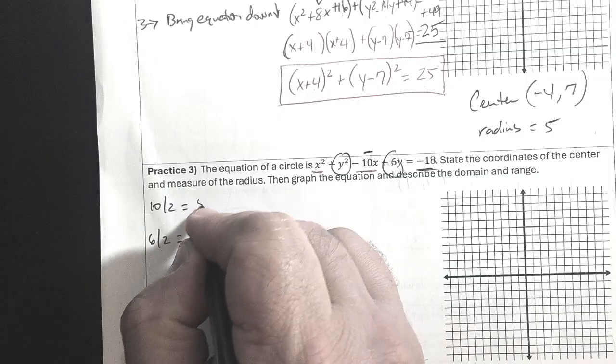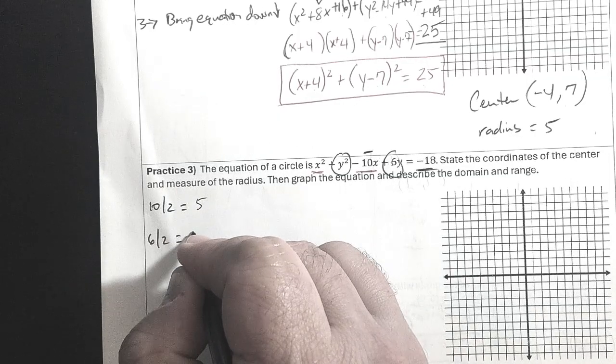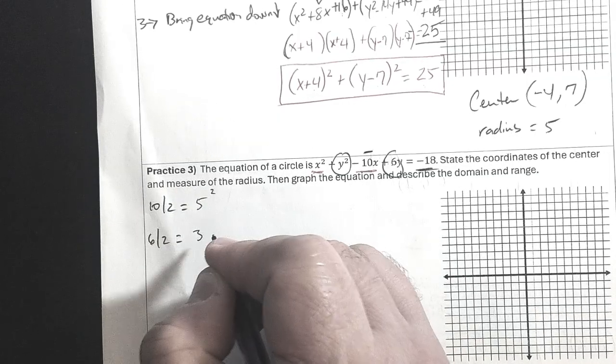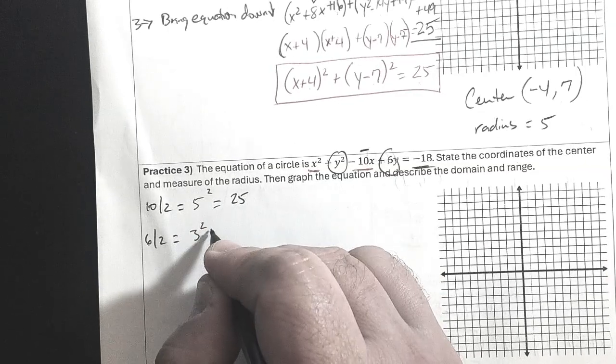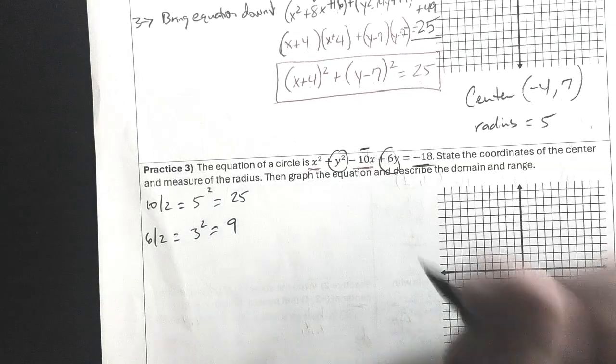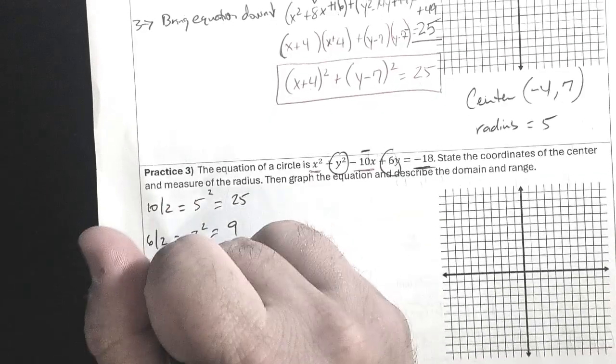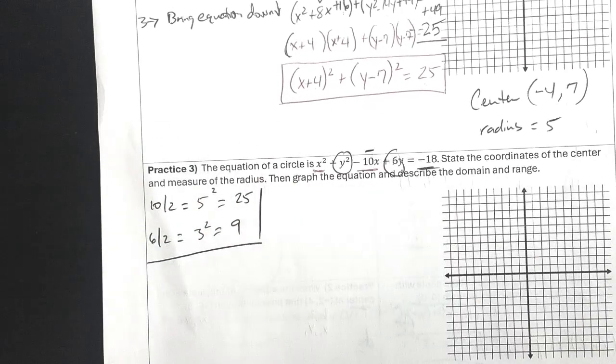So I'll help you with this. So you got 5 squared and 3 squared. So you're going to add 25 and you're going to add 9.